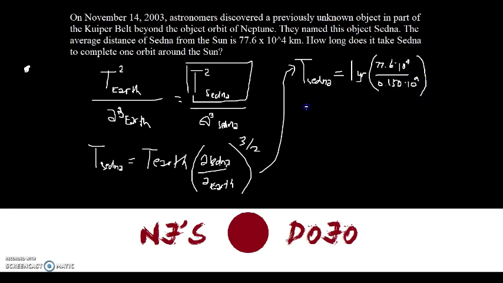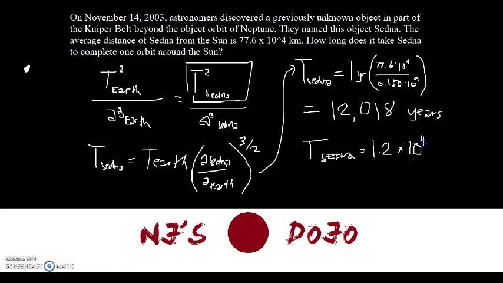And once we solve this equation, we get the answer of 12,018 years. So we round it up to significant values. That would be T Sedna. It would take Sedna to orbit around the Sun basically 1.2 times 10 to the power of 4 years.